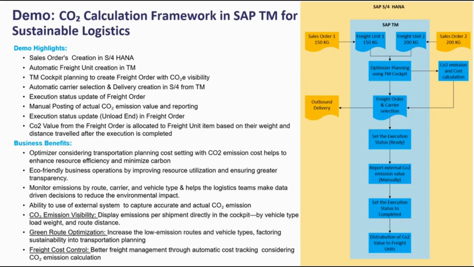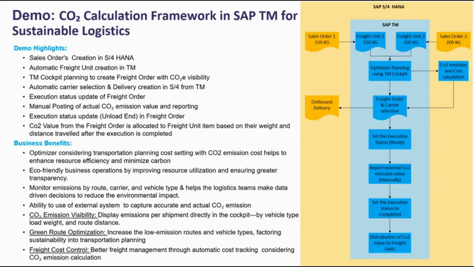Some of the advantages of having the CO2 calculator is that we can use optimizer in SAP TM and choose the lowest emission vehicle that can reduce the overall cost of the shipment, and eco-friendly business operations can be managed and reported out.